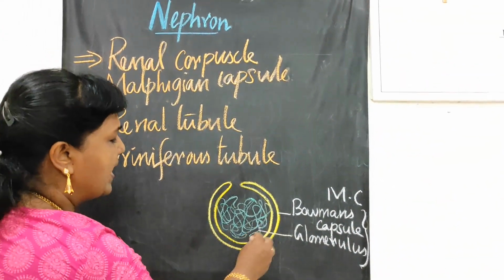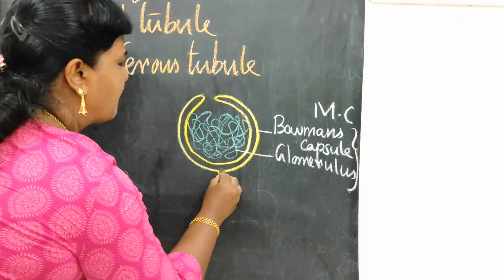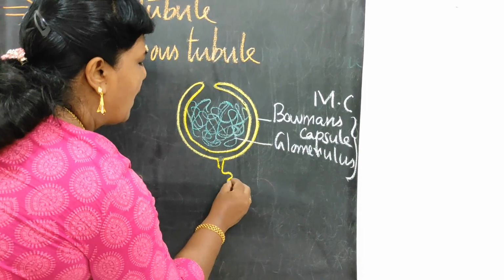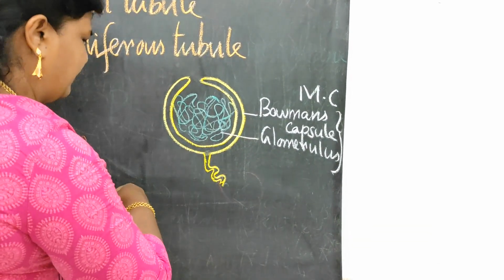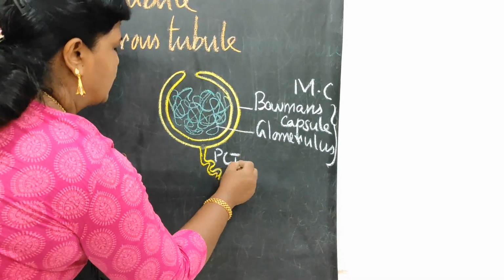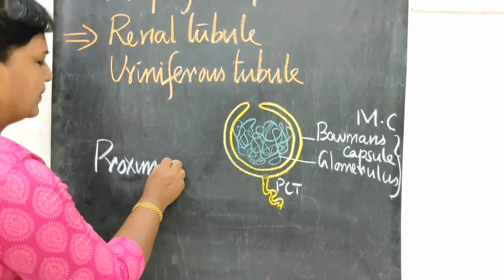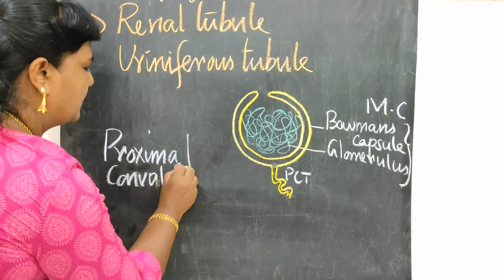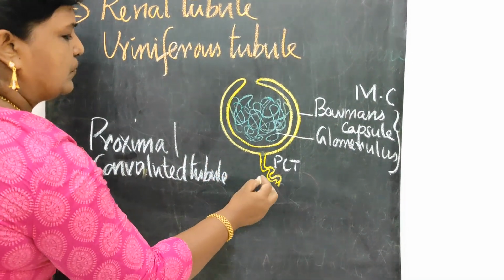Now this Bowman's capsule leads into a short neck, then to the proximal convoluted tubule. So this is the proximal convoluted tubule.